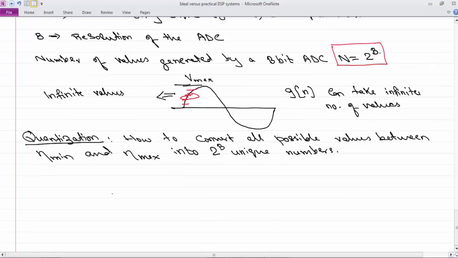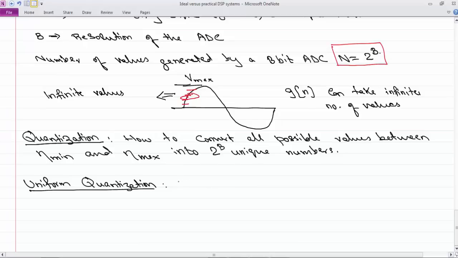Now, there are many different forms of quantization. I want you to be aware of that, but the simplest quantization form, and the one that at least consumer grade ADCs implement, is called uniform quantization. So what is uniform quantization? You have a range.